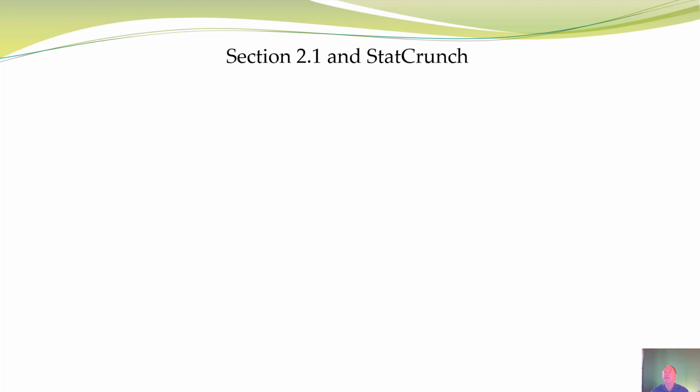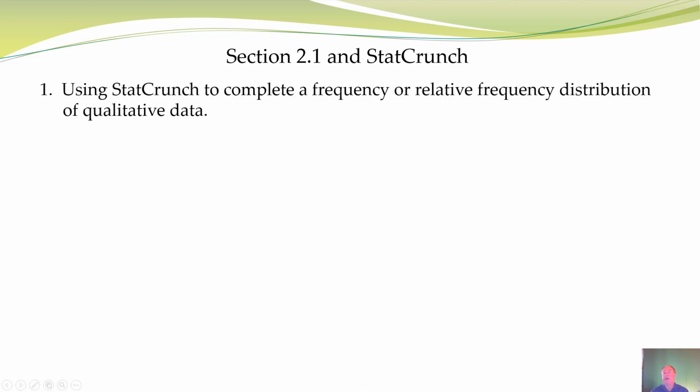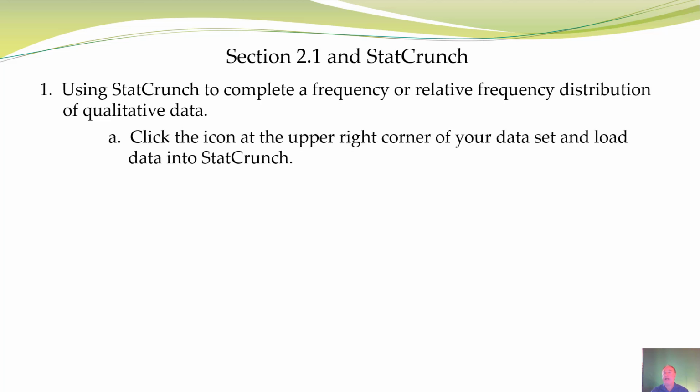Now we're going to talk about section 2.1 in StatCrunch. First, let's talk about using StatCrunch to complete a frequency or relative frequency distribution of qualitative data. A, click the icon at the upper right corner of your data set and load data into StatCrunch.